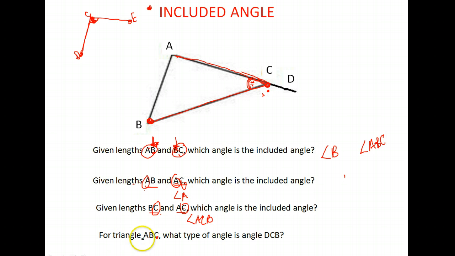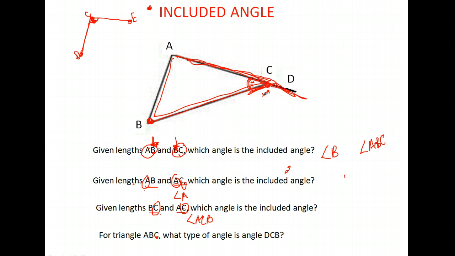All right, and for triangle ABC, what type of angle is DCB? What is that angle called? Now, some people may have said it's obtuse. What we're talking about here, notice here's my triangle ABC. What did we call that type of angle that, if you extend the side, is outside of the triangle?